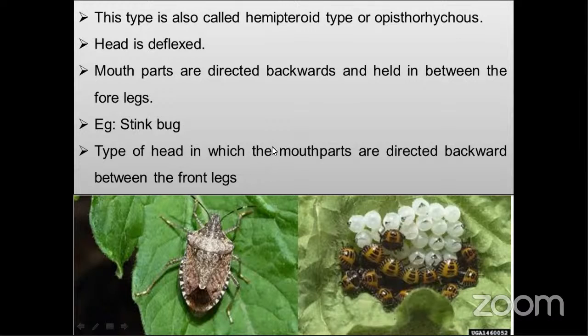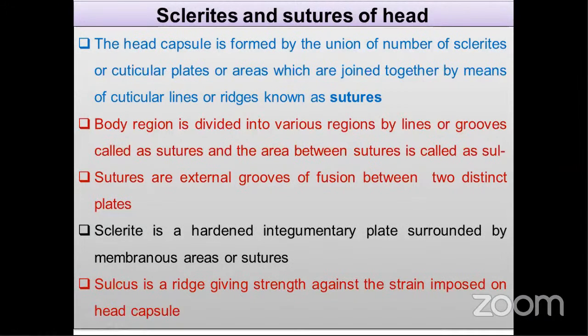Next, sclerites and sutures of insect head. What is meant by sclerite? What is meant by suture? You can remember the definition. Sclerite means hard-like structures, hard plates. Suture means the joining of two sclerites.